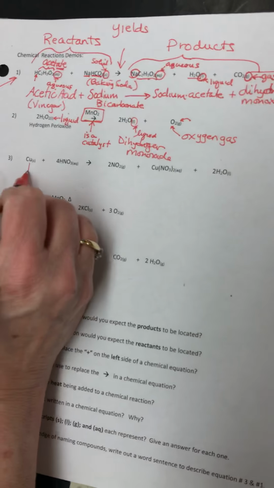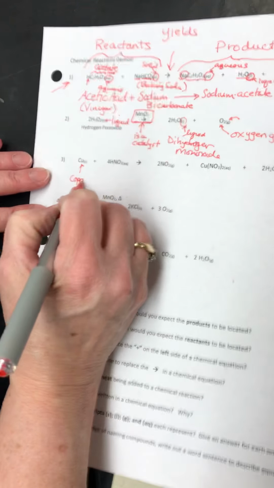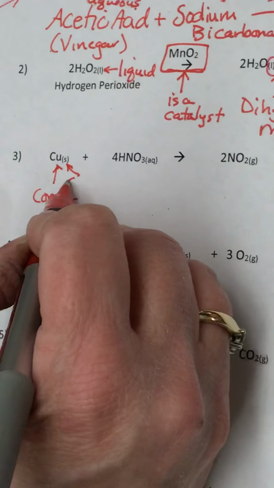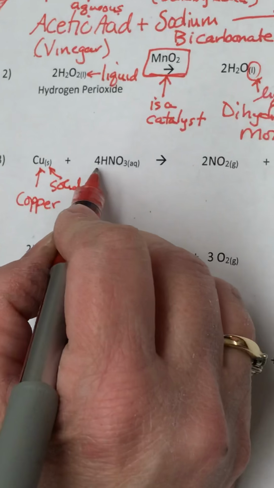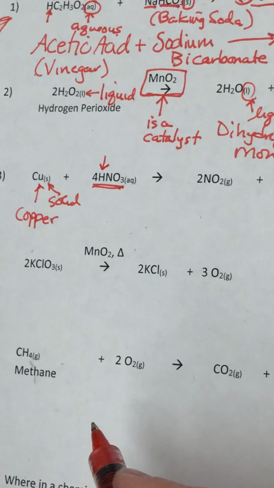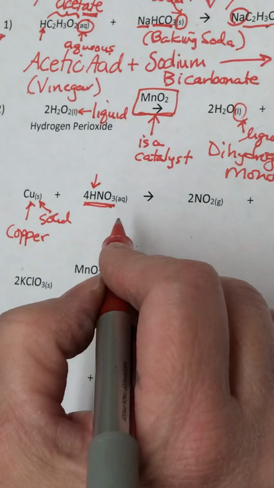Okay, so our third equation, oh, we probably should still look at the paper a little bit more. This is copper. What state of matter is it? And what kind of a compound is this one? Remember, it's starting with an H. All right, it's an acid.